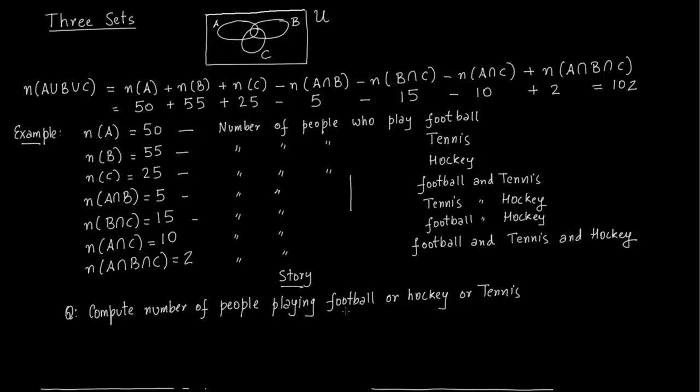So this word or means we are asked to compute N A union B union C. Sometimes people reword this question as: compute number of people which play at least one game. So that also means they play football or hockey or tennis. And the answer is this number of elements in A union B union C, which is 120.